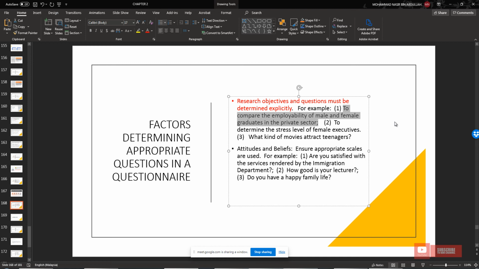The second variable is gender, male and female. So you want to do a comparison. What are the methods that are suitable for comparison? If the data are normal or parametric, you can use the independent sample t-test, right? If the data is not normal, you can use the Mann-Whitney test.